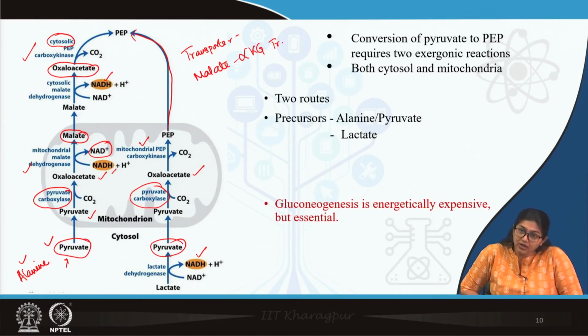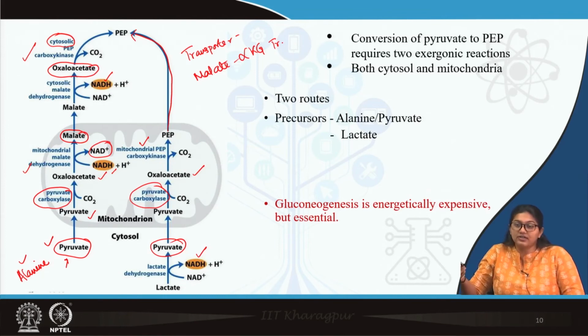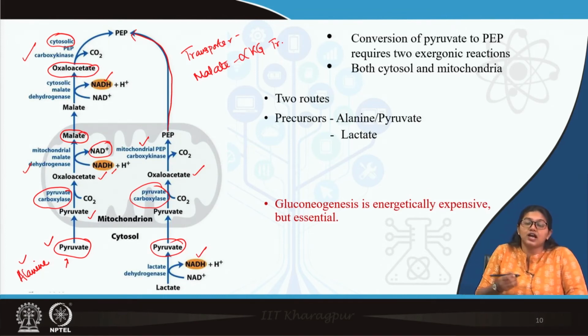It is because in neoglucogenesis there is utilization of NADH. If you remember, in glycolysis there is formation of NADH from NAD. So, in the reversal reaction in neoglucogenesis there will be formation of NAD from NADH.